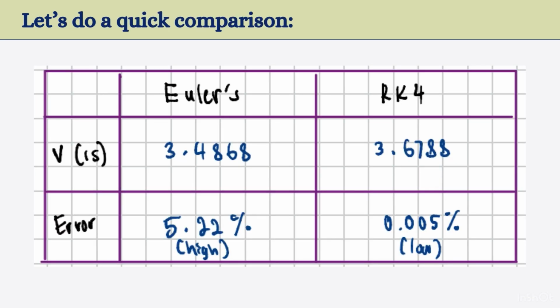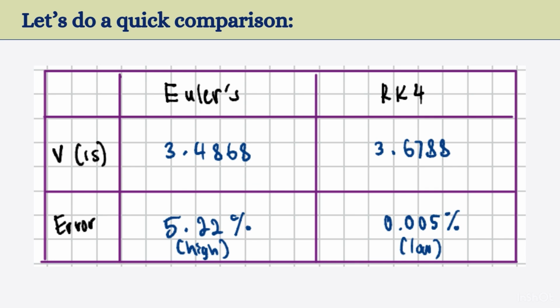So let's do a quick comparison for both of these methods. For Euler's method, V at 1 second is 3.486. However, for the RK4 method, the value is slightly higher, which is 3.6788.